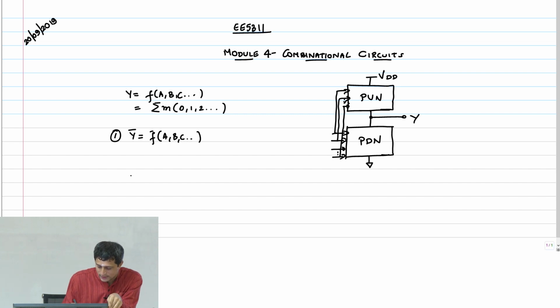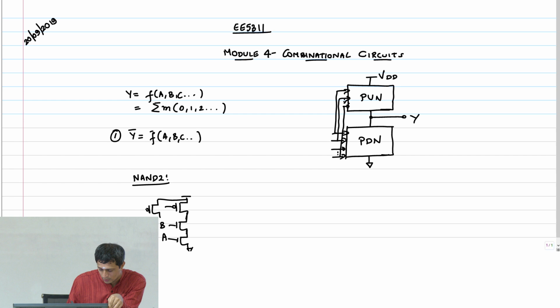So we considered the example of a NAND 2 gate, and this implementation, which is very obvious, so I am not going through it in detail. A and B, output y, y equal to A B whole bar.